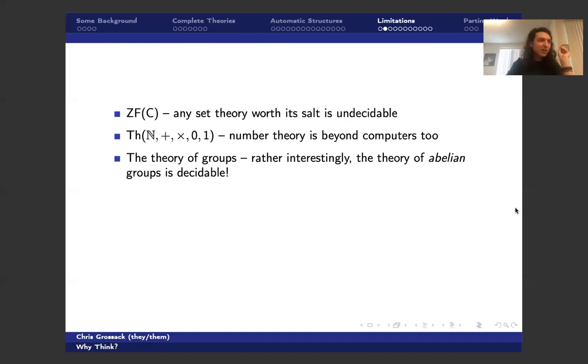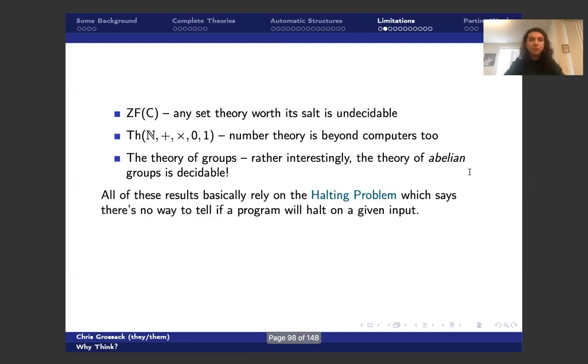And the fact that the theory of groups is undecidable basically comes down to work of Novikov-Boone, if you're familiar with that theorem. But yeah, it's really interesting that if you have a question and you want to know, is this true of all abelian groups, that's answerable. Whereas, is this true of all groups? That's unanswerable, which is kind of interesting.